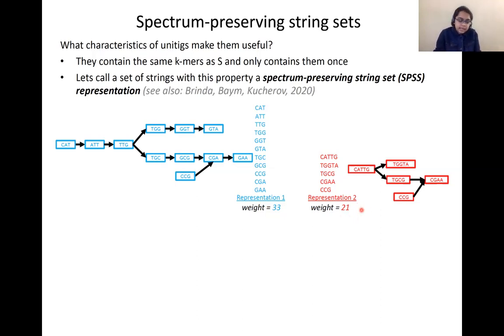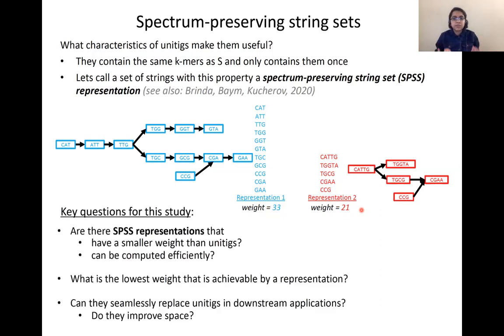Now, unitigs were not originally introduced as a means to find low weight representation or space efficient representation. Rather, it is a concept borrowed from the world of genome assembly. So maybe we can do better than unitigs in terms of representation. That's why we ask ourselves, are there SPSS representations that have smaller weight than unitigs?